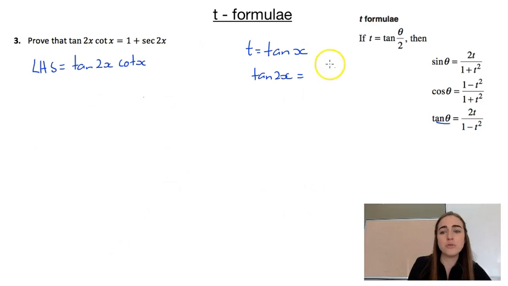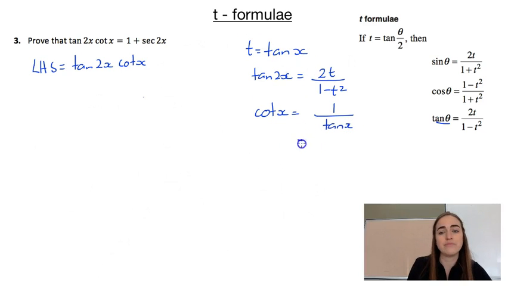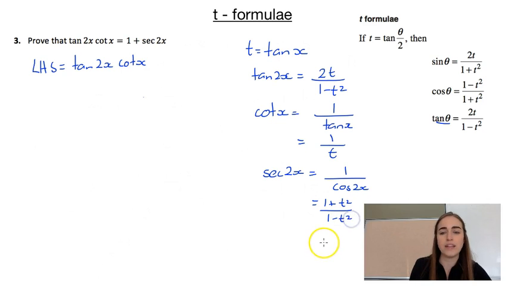So our tan 2x is going to end up being 2t over 1 minus t squared. Our cot x is equal to 1 over tan x, and we just said that tan x is t, so that gives us 1 over t. And our sec 2x would be 1 over cos 2x, which is just going to be the reciprocal of this one here. So that's going to be (1 plus t squared) over (1 minus t squared).